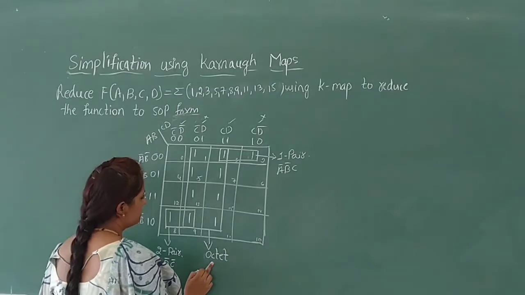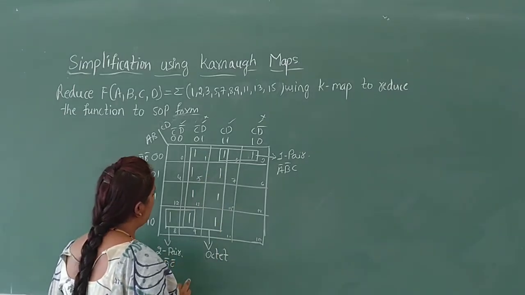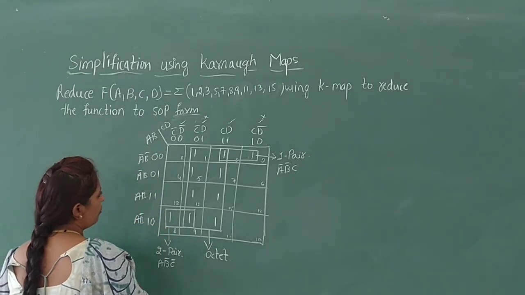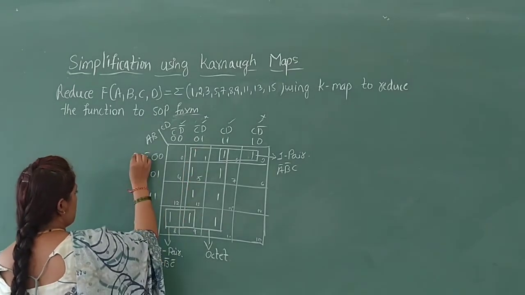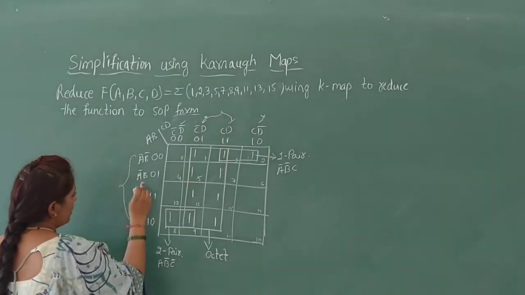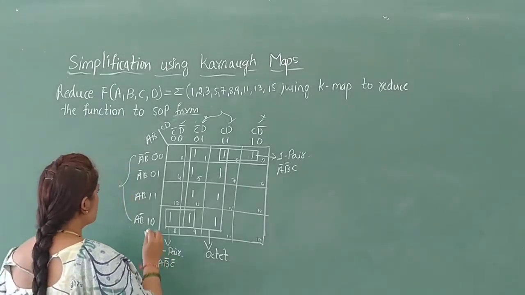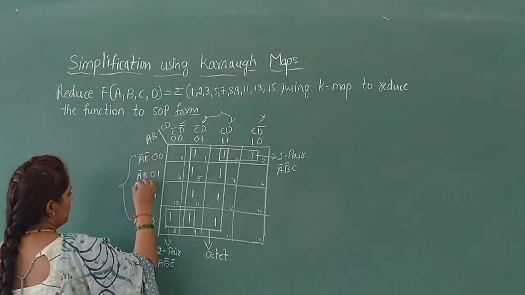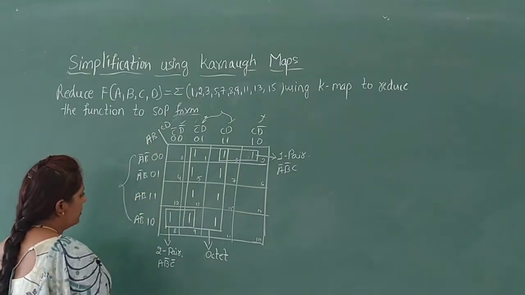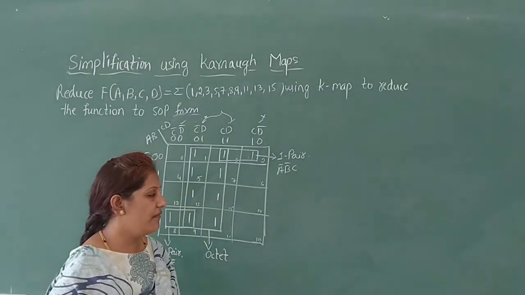And for the octet, these 8 values are found continuously in vertical form, and these values are represented in 4 rows and 2 columns. All 4 row values are removed because A bar B bar, A bar B, A B, A B bar, the variables A and B change from complemented to uncomplemented values.